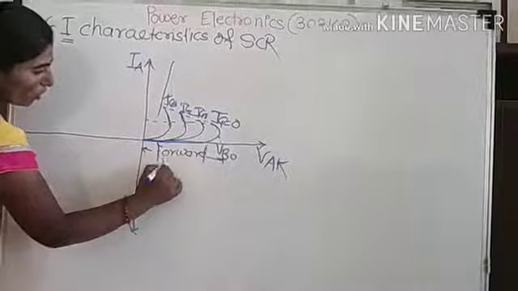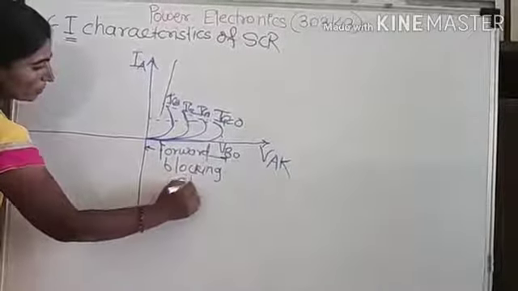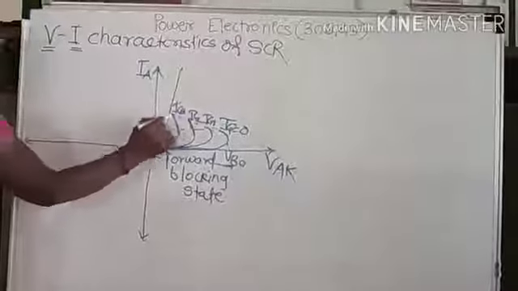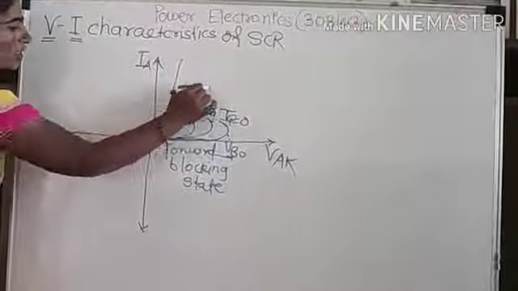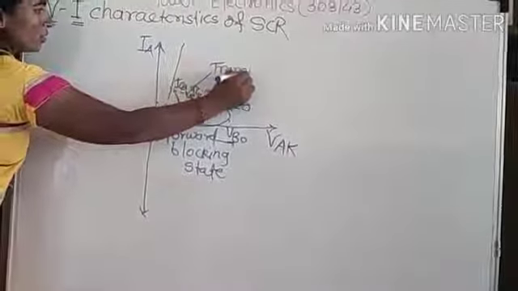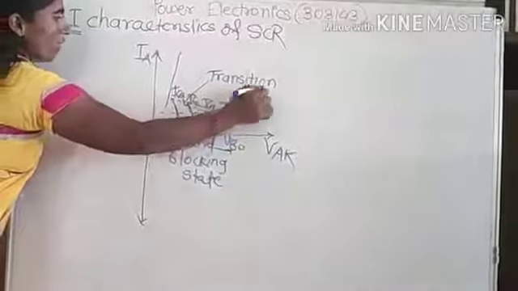is called as a forward blocking state. Now this dotted line is called as a transition state.